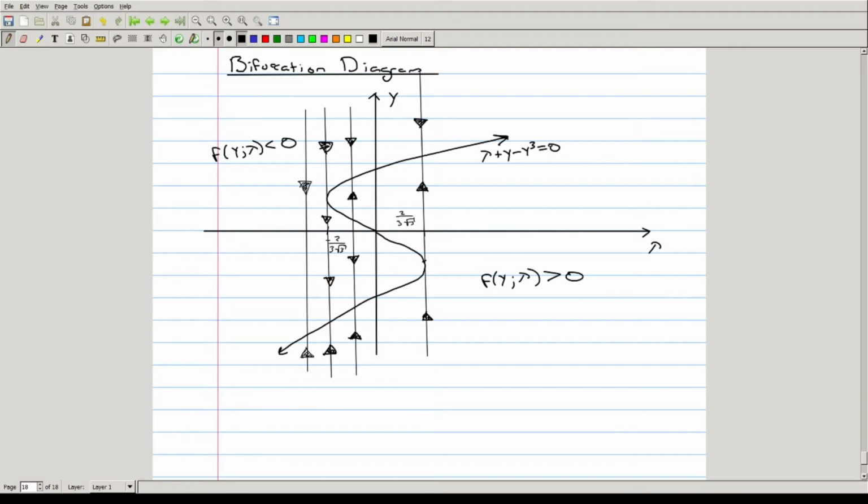So this is an unstable critical point, which is exactly what we saw before, and this is a stable critical value. And the last case is for positive lambda, where we're back to having 1 critical value that's asymptotically stable.